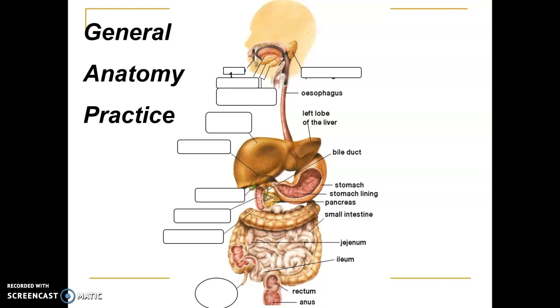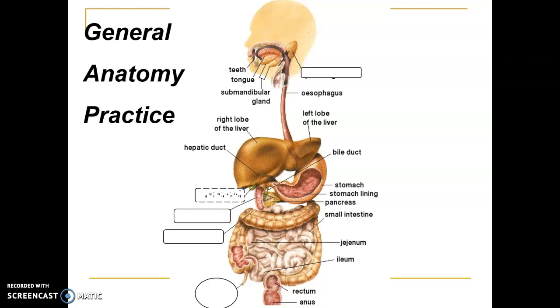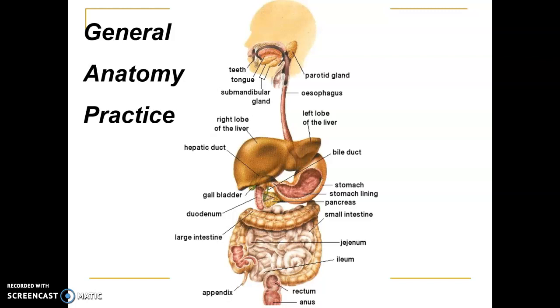You are wonderfully designed. So general anatomy again, teeth, the tongue. Tongue's a muscle. It helps us push food backwards without biting your tongue. I'm telling you, the body is amazing. Submandibular glands, which are salivary glands, parotid salivary glands. The oesophagus, that's the English spelling, so you can see I stole this from some British website.